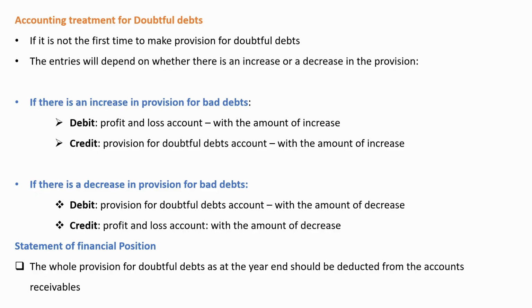Remember, in the income statement, apart from the first year, in the subsequent years we normally record the increase or the decrease. That is only in the income statement. When you go to the statement of financial position, it is the whole provision. You are going to deduct it from the amount in accounts receivable.